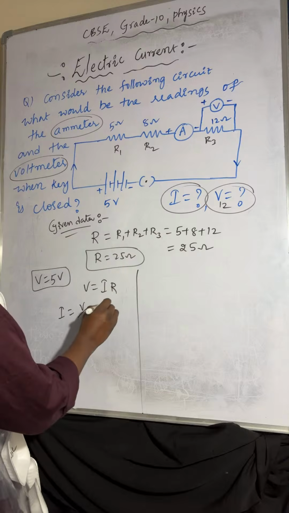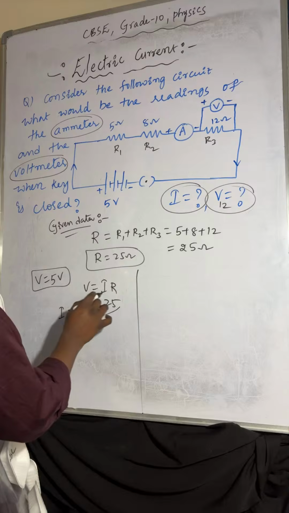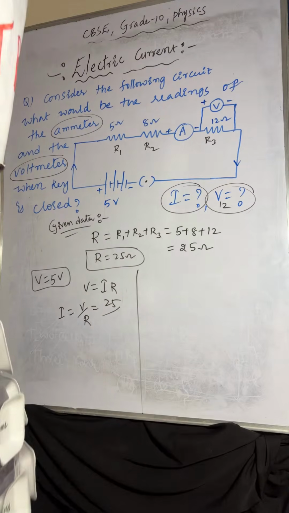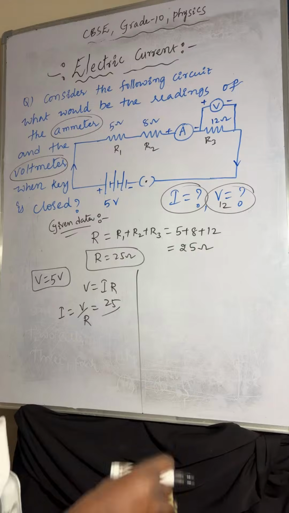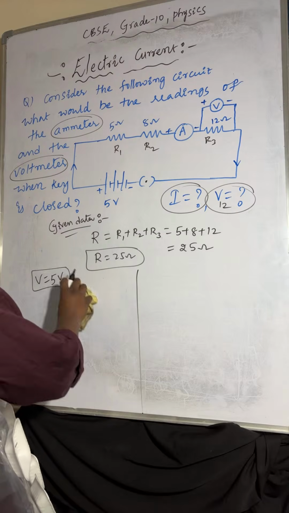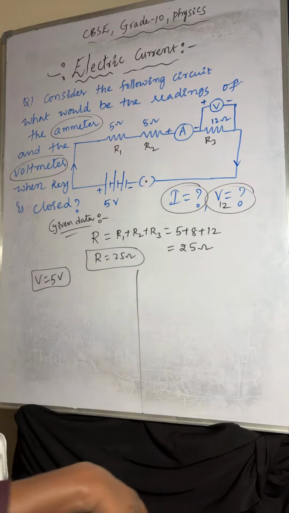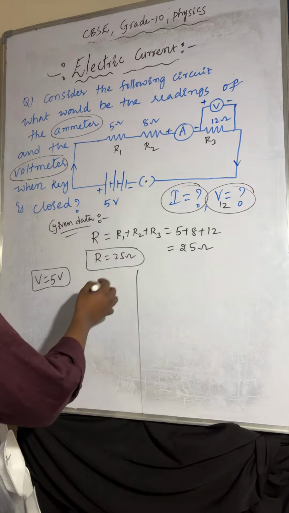So V equals how much? V equals IR, so it will be reversed, right? We are finding the current. Total resistance is 25 and the potential difference is 5.